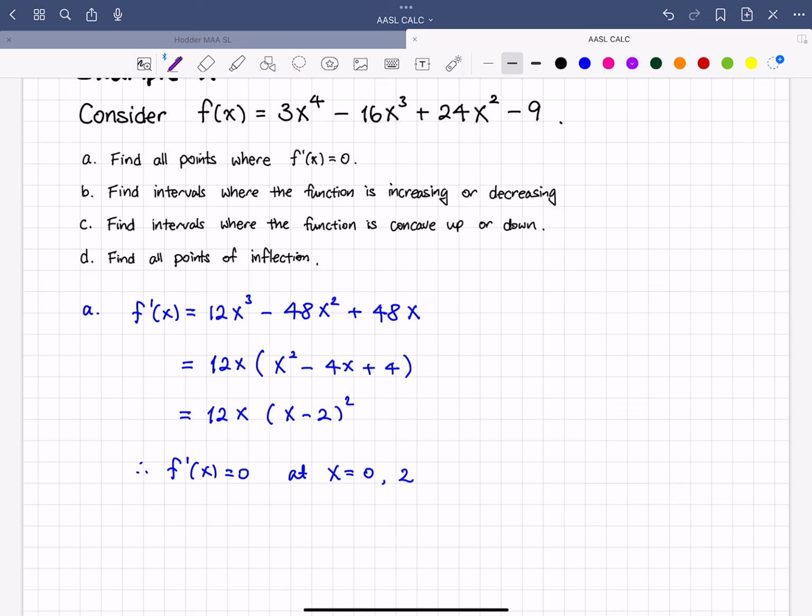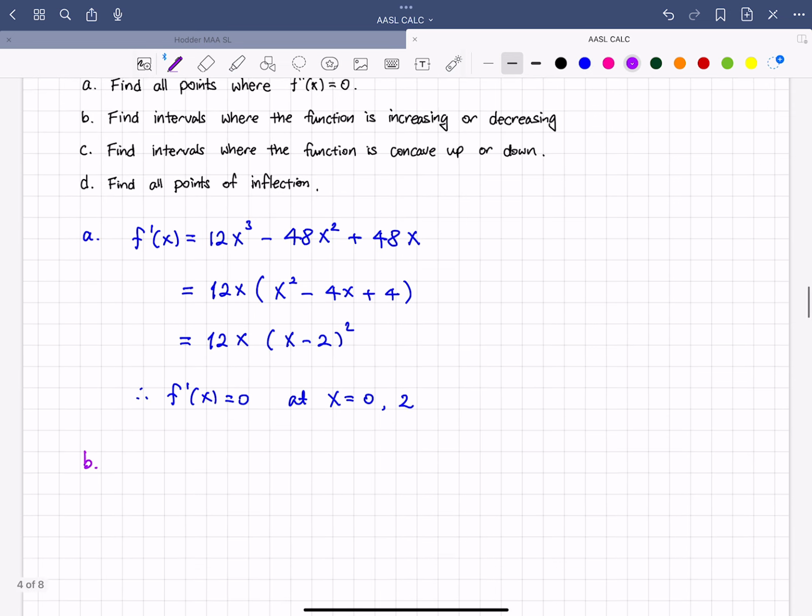And then B, I'll just change colors. When is it increasing or decreasing? So in this case, I'll just make a number line. And I'm going to use the sign of f prime at these intervals.